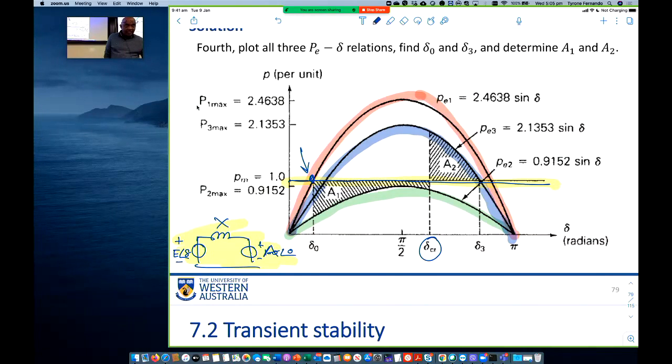Delta starts decelerating, the rotor starts decelerating, and it will move to this point, delta 3, because it's a critical angle that we are talking about. So A1 must equal A2 if we want to determine that critical angle, delta critical, right? If you want to determine delta critical, then A1 must equal A2.